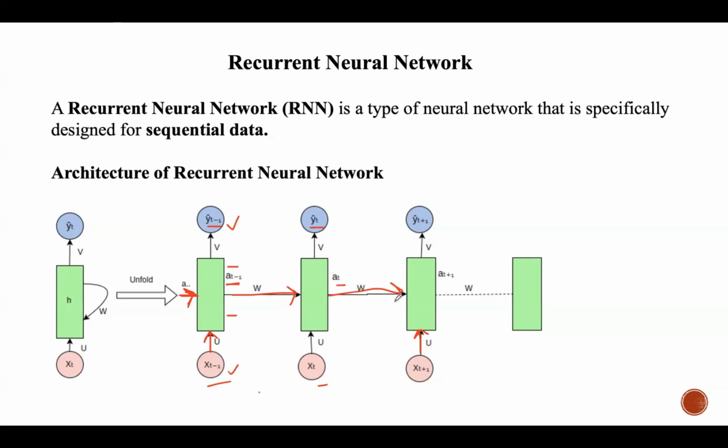This input is passed to the RNN cell along with the previous hidden state, h at t, and the RNN computes the new hidden state h at t plus 1 and uses it to compute y t plus 1 hat. This process will be repeated for n number of words present in a sentence.